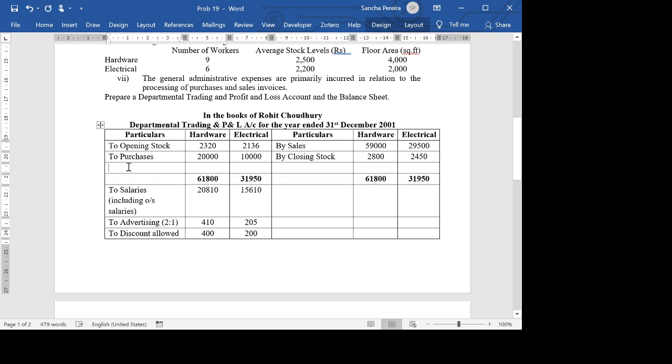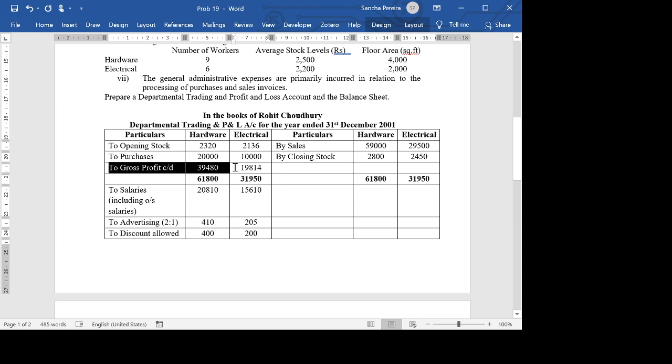So the two gross profits carried down. For hardware, it's 39,480, and for electrical, it is 19,814.